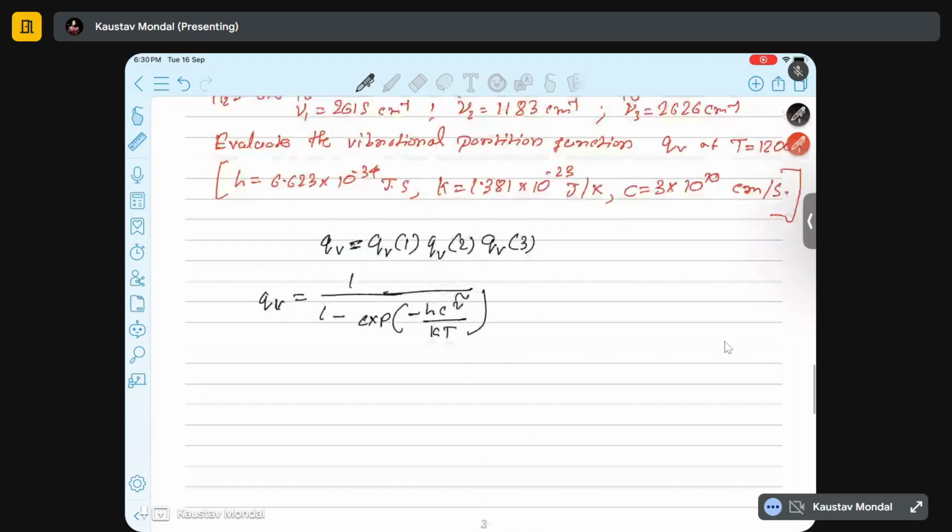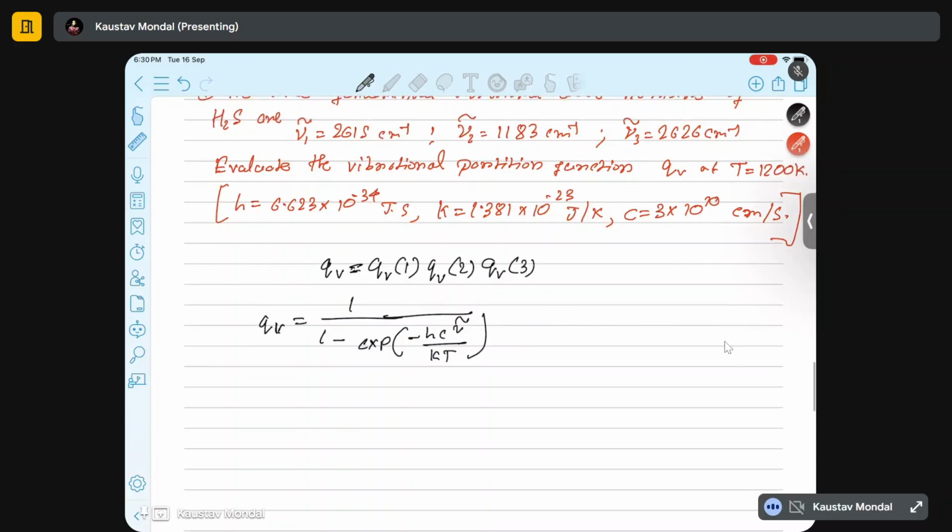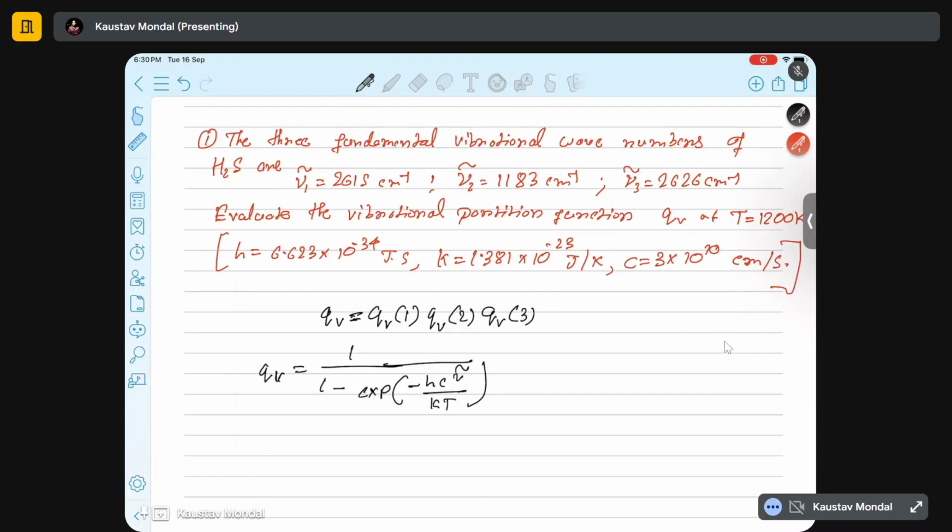Now the first thing we will do is check the characteristic vibrational temperature for all three cases, and check whether the temperature supplied in the problem is higher or lower than the vibrational temperature.